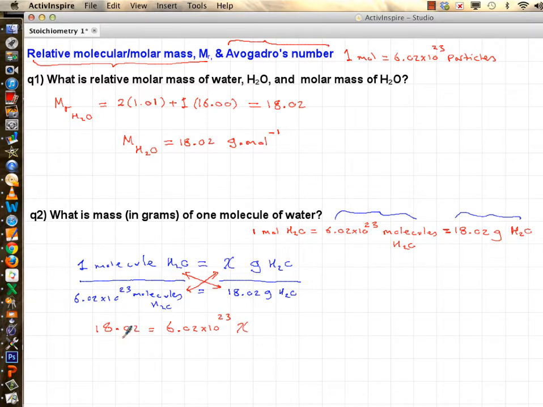Now for the sake of multiple choice you have no calculator, so try to crunch numbers if you don't mind. So without a calculator, to solve for x, divide both sides of the equality by 6.02 times 10 to the power 23. Since I always like to write my value on the left hand side, I put x here.